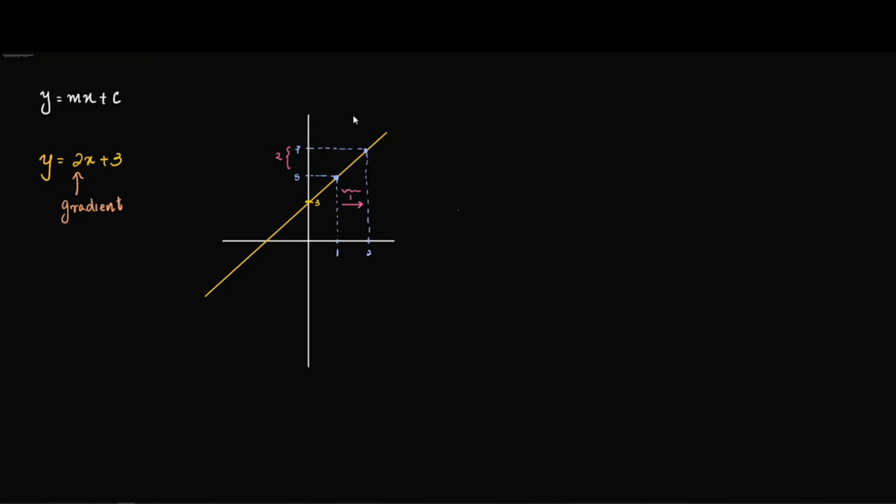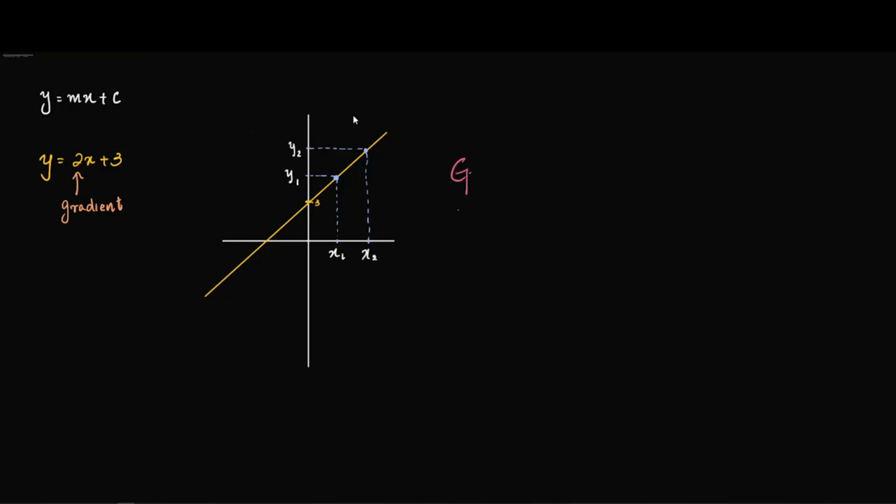Now let's try and generalize this idea. So I can say that this point is x1 and this point is x2, and this point is y1 and y2. As we already know, the way to find the gradient is to divide the rise over the run.